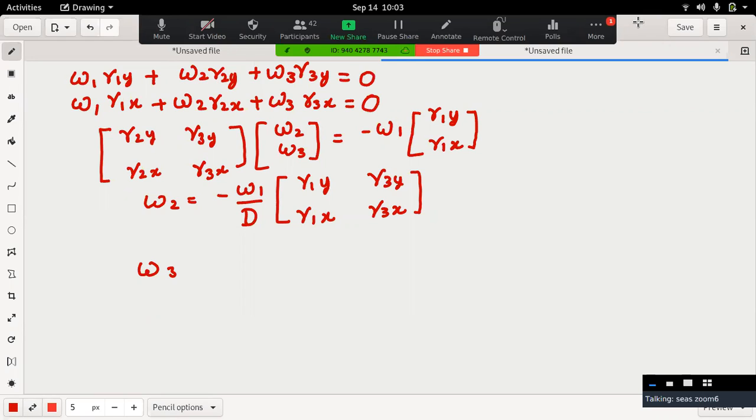Here the value of D is this determinant, which is R2y, R2x, R3y, and R3x.